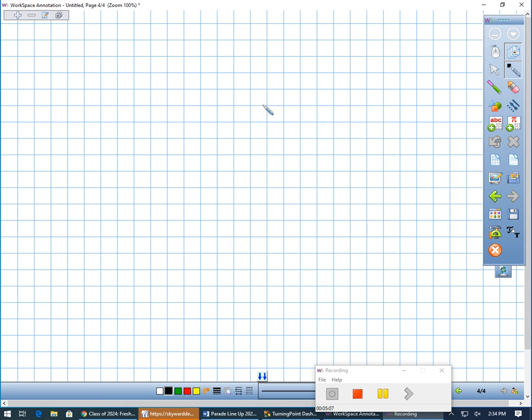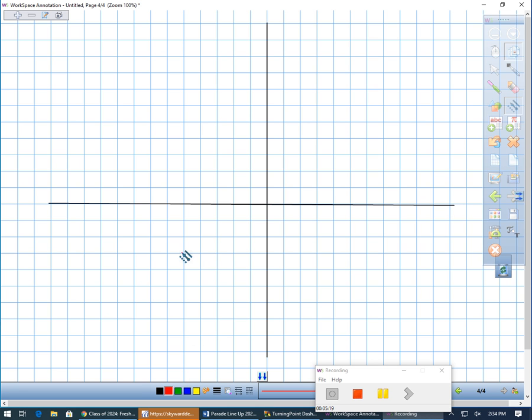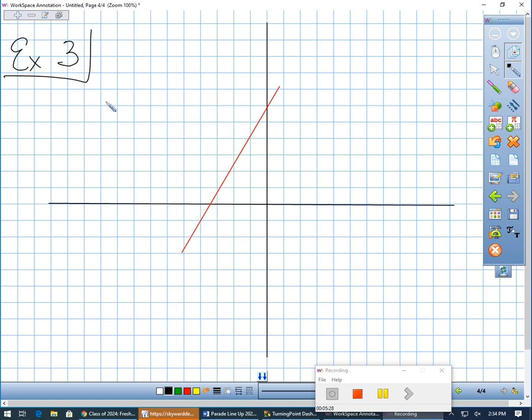Let's go to one like this then. Let's say I have a line, right? Example 3. From this graph, I want you to find the slope and the y-intercept.